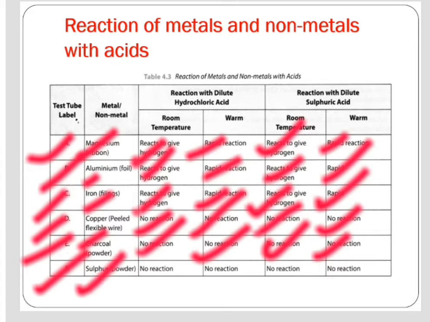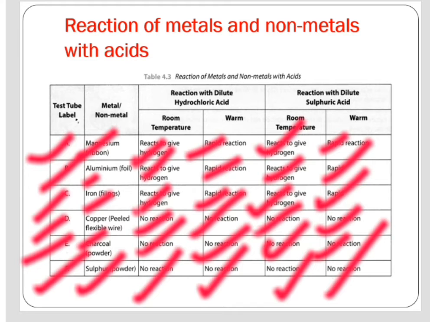F: sulfur. Reaction with dilute hydrochloric acid at room temperature, no reaction, and on warming, also no reaction. Reaction with dilute sulfuric acid at room temperature, no reaction, and on warming, no reaction.